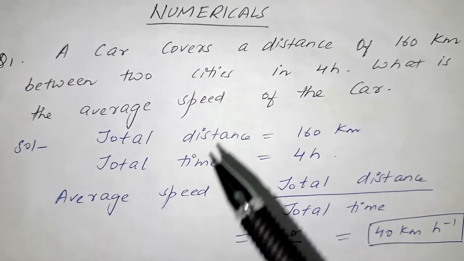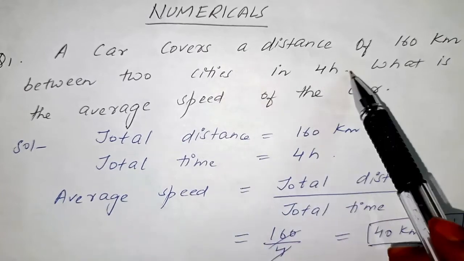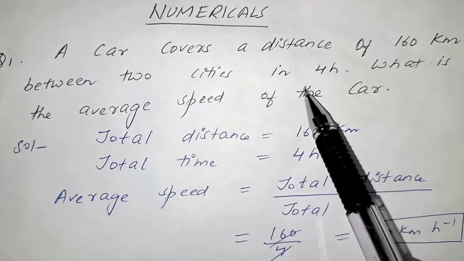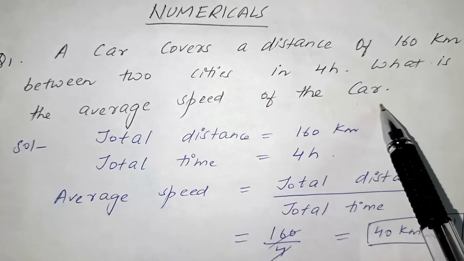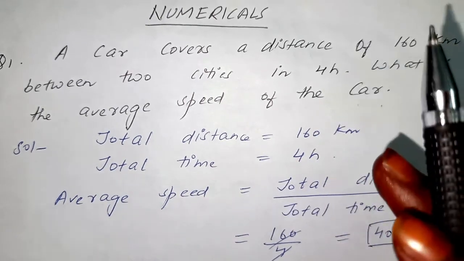Now let us solve some numericals. A car covers a distance of 160 km between two cities in 4 hours. What is the average speed of the car? Here the distance is given. First we write what is given.